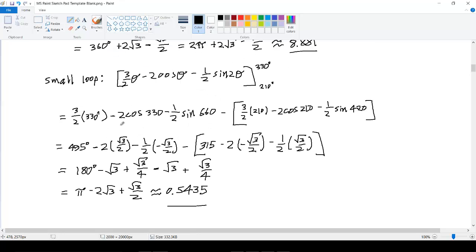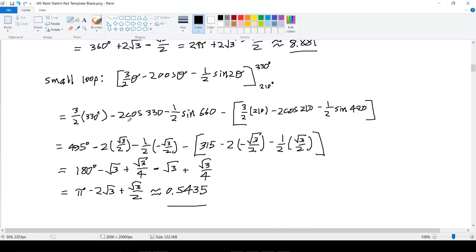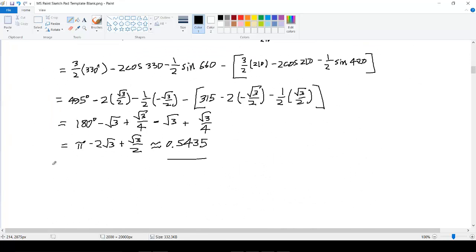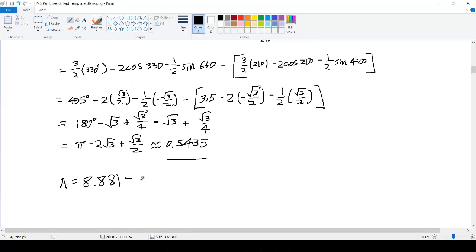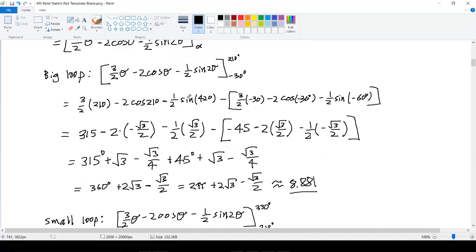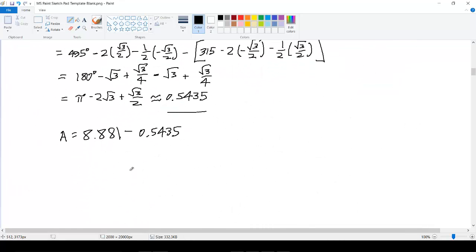I may as well work that out. The area will be 8.881 minus 0.5435. Hopefully at this point you understand why I'm doing that. It's the big loop area minus the small loop area. Gives me the area in between them, which is what we were asked to find.